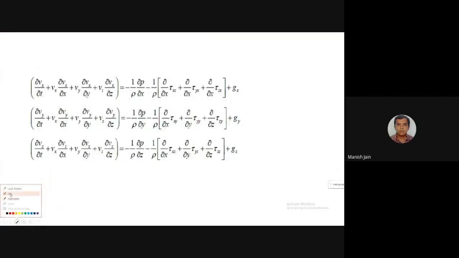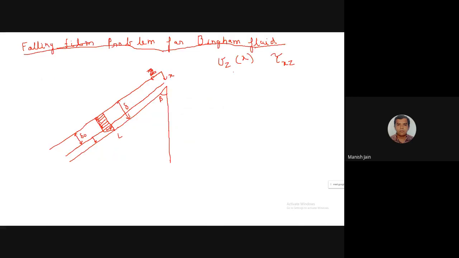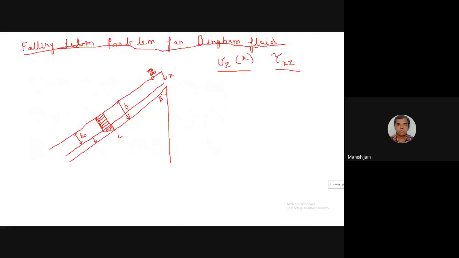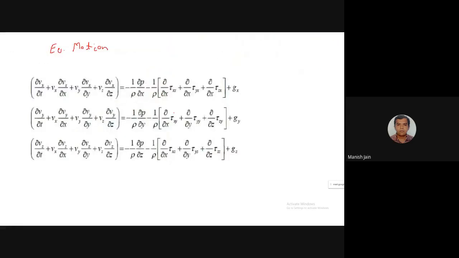Okay. Now here, this is equation of motion for Cartesian coordinate system. Now you have to select the non-zero profile. So non-zero is Vz, which will depend upon x, and tau xz. Only these two components are non-zero. There is no pressure force applied there. Only the gravity force will be there.